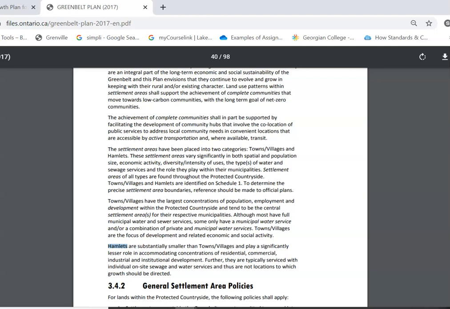And that's partly because as those hamlets grow, it means we may need to be providing other services. Once you put municipal infrastructure in, we see populations explode. All right, so normally those on-site sewage and water services mean that it's much easier to restrict growth. And so where we have hamlets, we are directing development away from those areas.